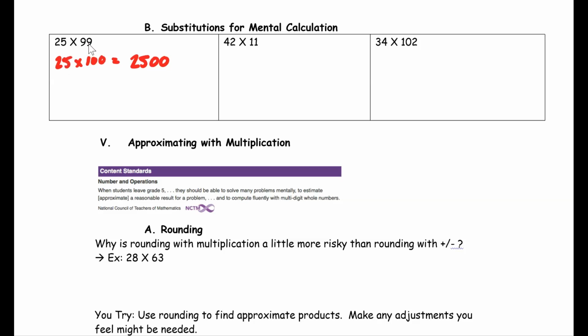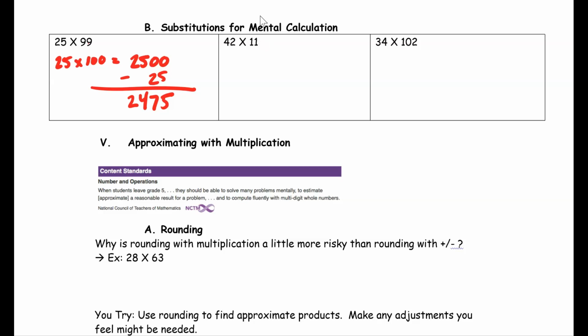Or I'm sorry, instead of 99 groups of 25, we got 100. So I'm going to take off a group of 25 since I have 125 too many, and that leaves me with 2475.